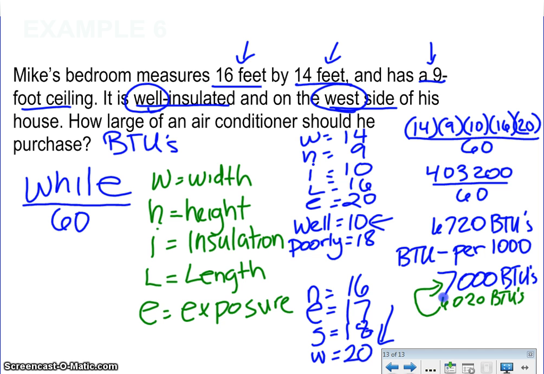And the reason is the number that it's giving you is the maximum size in those calculations. So if it goes over even just a little bit, you need to get a bigger unit or you are going to overwork and cut the life of your air conditioning. So in this case, the final answer is a 7,000 BTU unit.